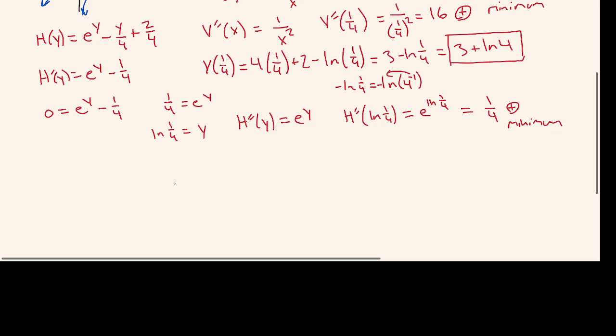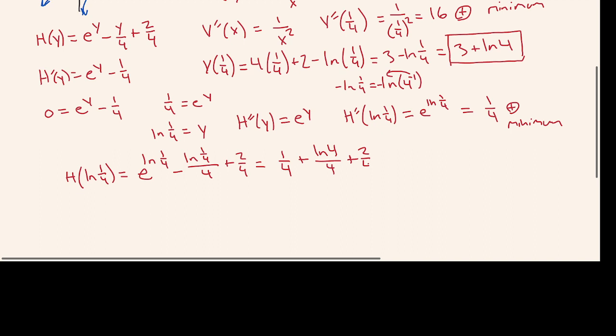Okay, now we can find that minimum value by plugging in y equals the natural log of 1 over 4 into the original equation, which will equal e to the natural log of 1 over 4 minus the natural log of 1 over 4, divided by 4, plus 2/4, which will equal 1 over 4 plus the natural log of 4 divided by 4, again because the natural log of 1/4 is the same as the natural log of 4 raised to the power of negative 1, so you can bring that negative 1 out.